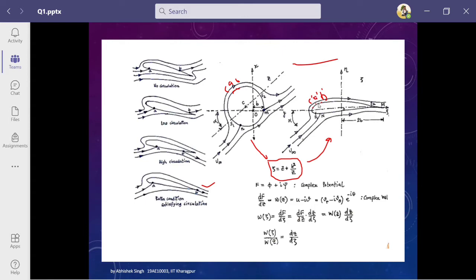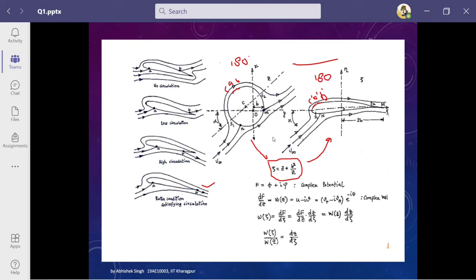From the corresponding points, we consider that B and C are very close to A. We see that the angle between AB and AC is 180 degrees. And after this transformation, when B dash and C dash are very close to A dash, the angle coming out here is also 180 degrees.